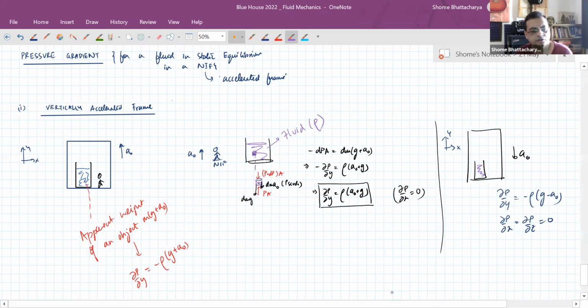Fluid's density is rho over here. Okay. So this is the easy case.